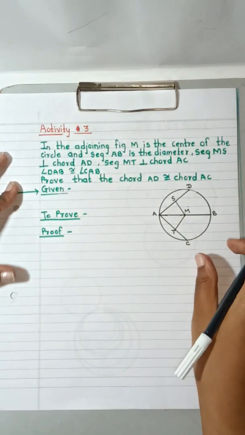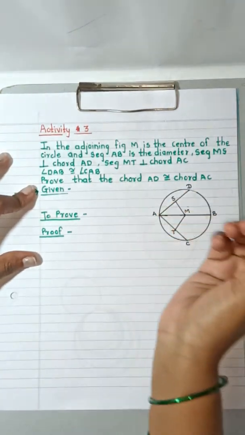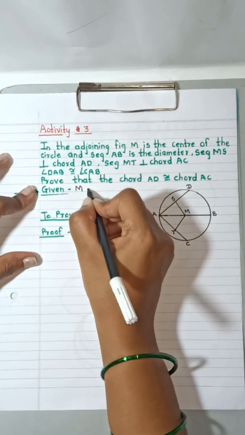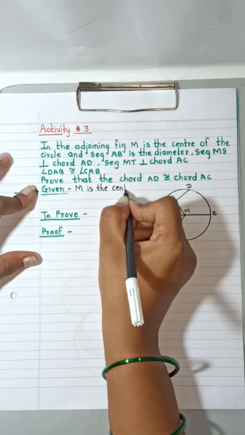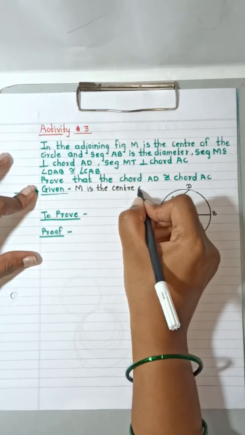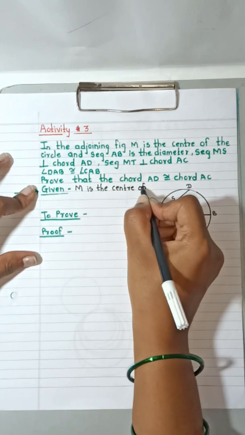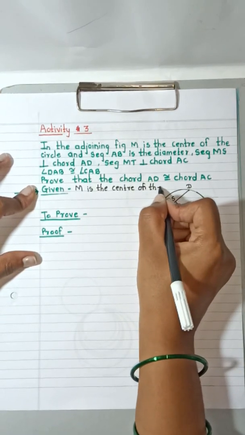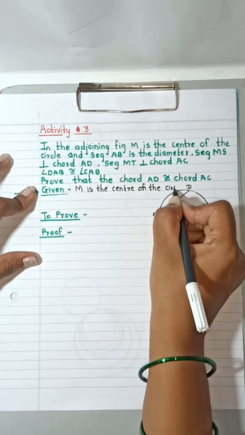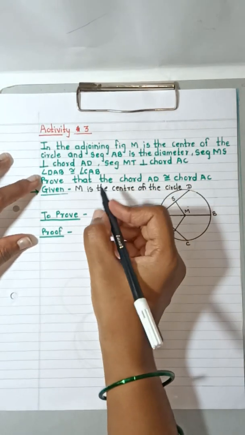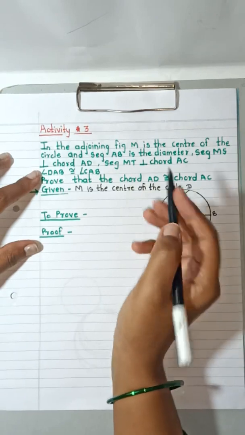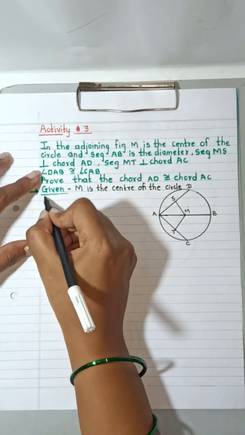So first of all, we'll write down the given. M is the center of the circle. AB is the diameter.